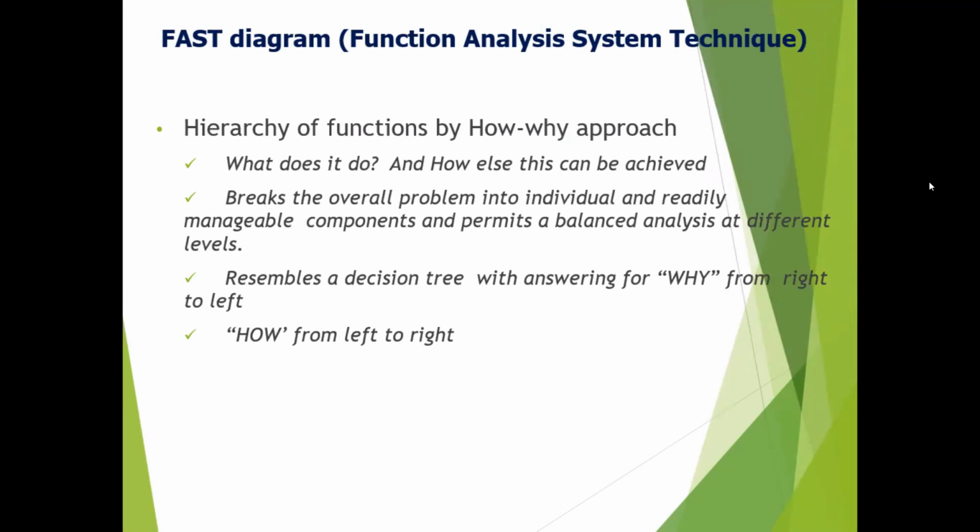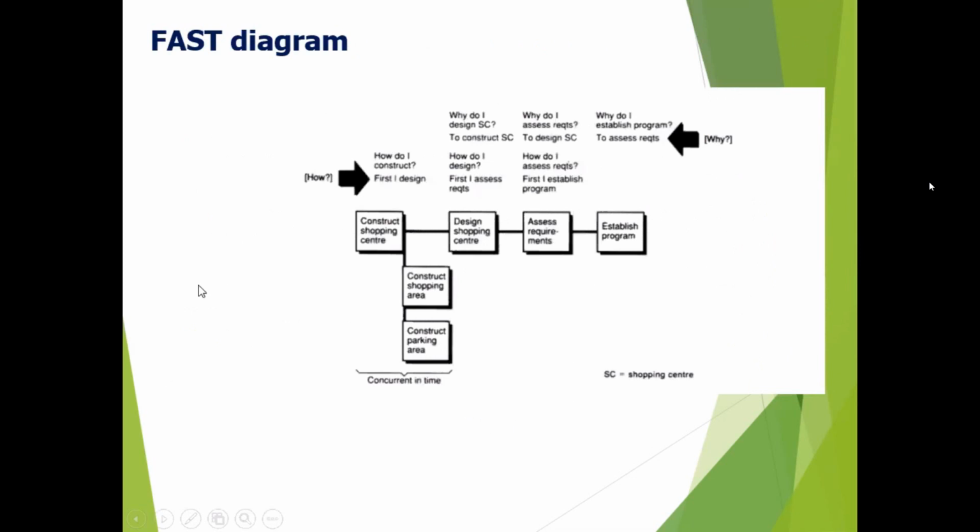It resembles a decision tree, answering why from right to left and how from left to right. Ask why and how and get the answer. Decide whether to keep or improve or entirely eliminate. Okay. How, why. Divide. Right.